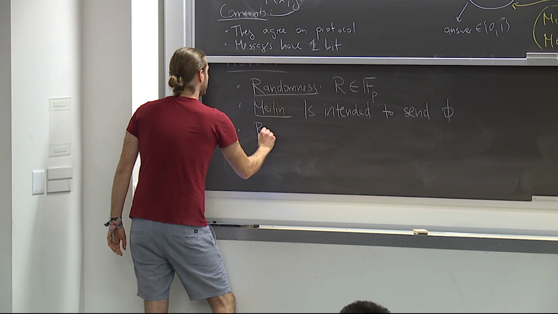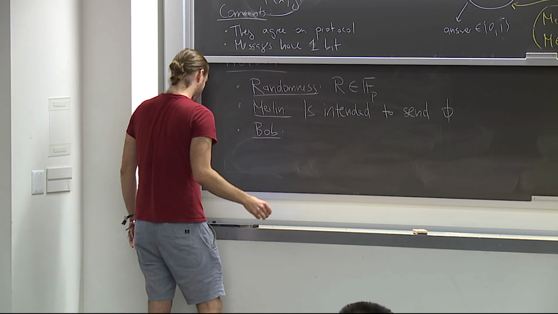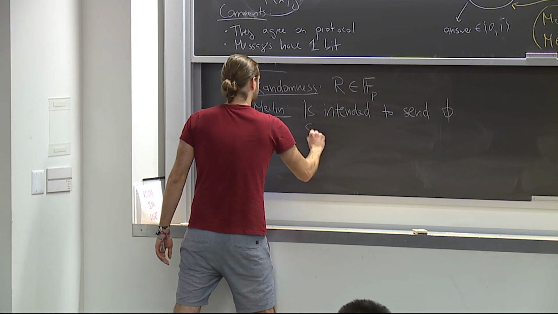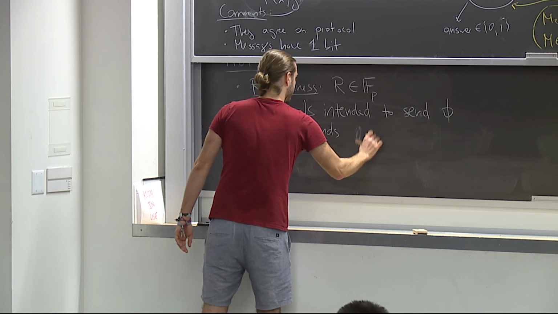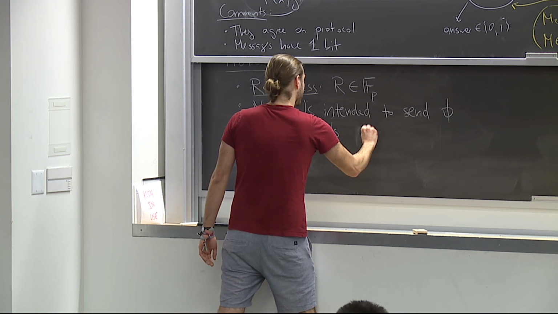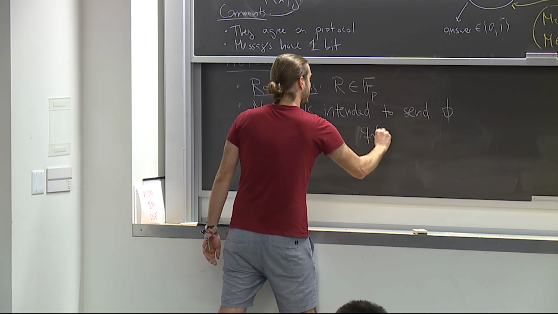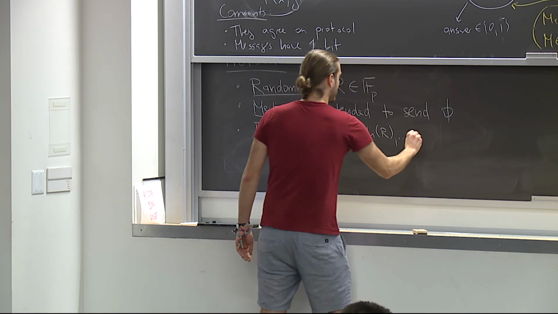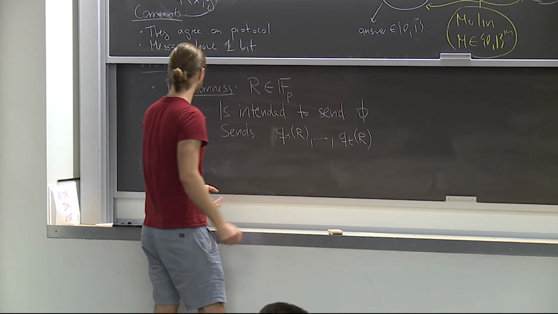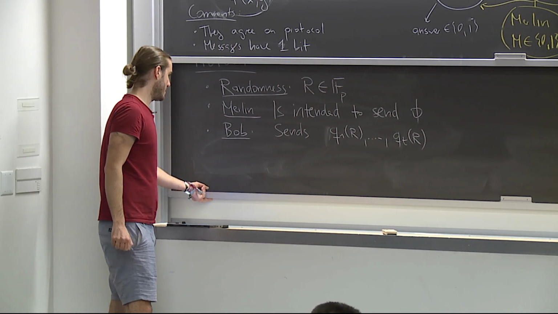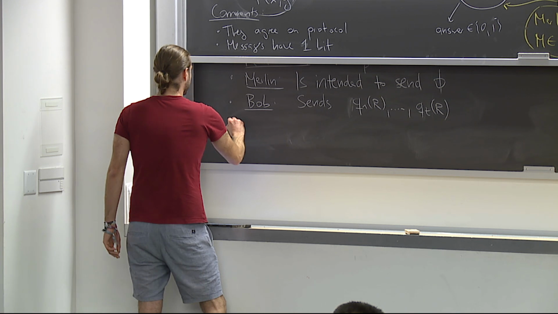What does Bob do? Bob sends the following: the polynomial q1 evaluated at R, q2 evaluated at R, up to qt evaluated at R. And then Alice does the following.